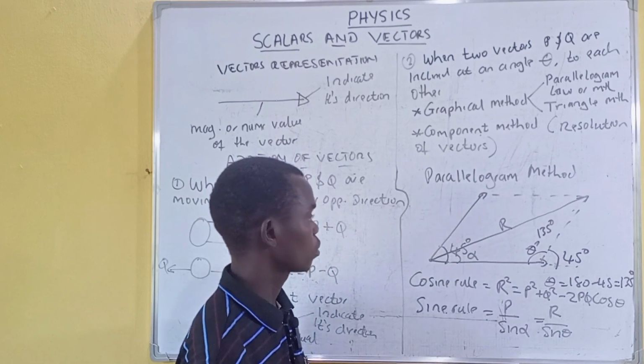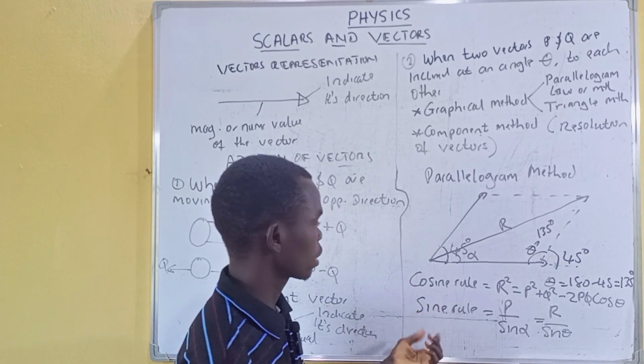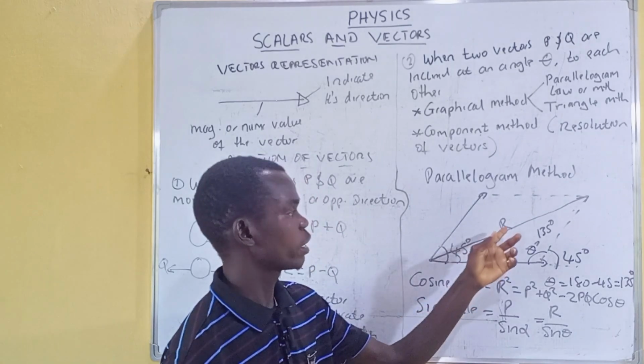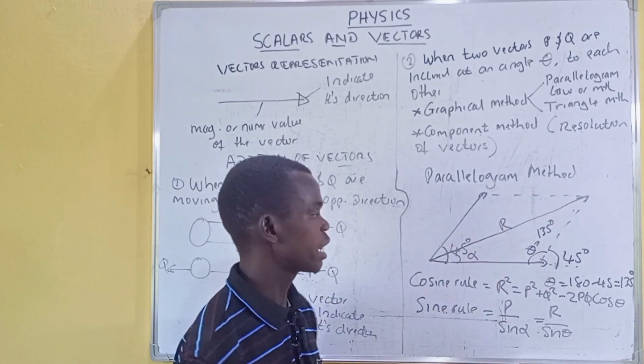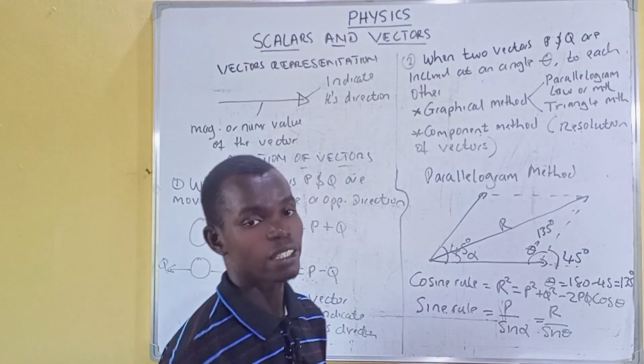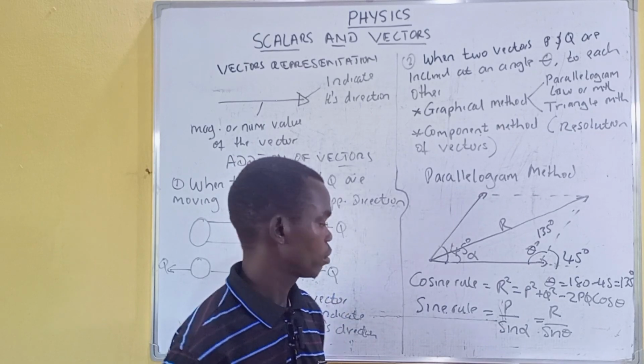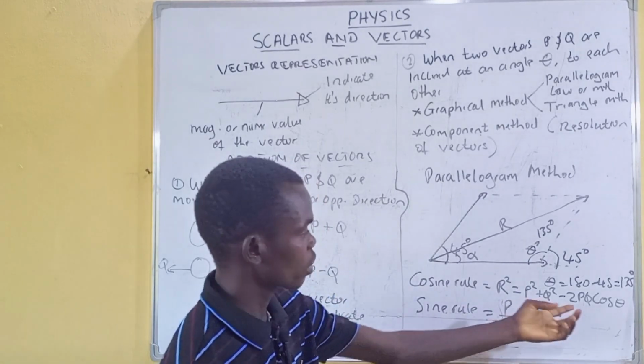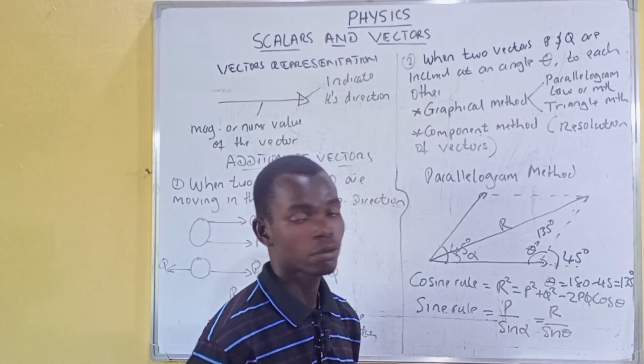And also, we can use the Pythagoras theorem to find the resultant vector. That is when the angle theta is 90 degrees, because cos 90 degrees will give you 0.